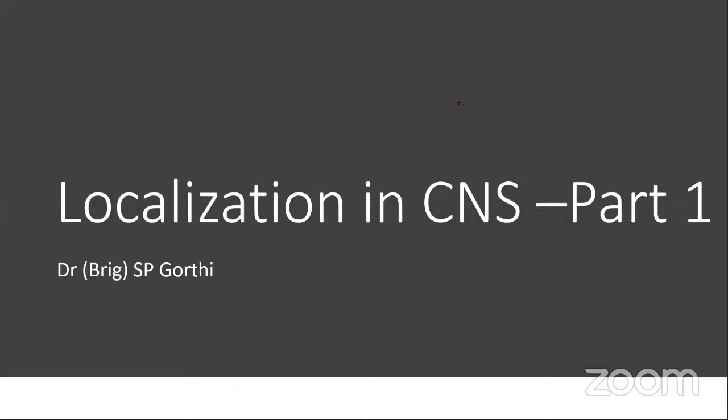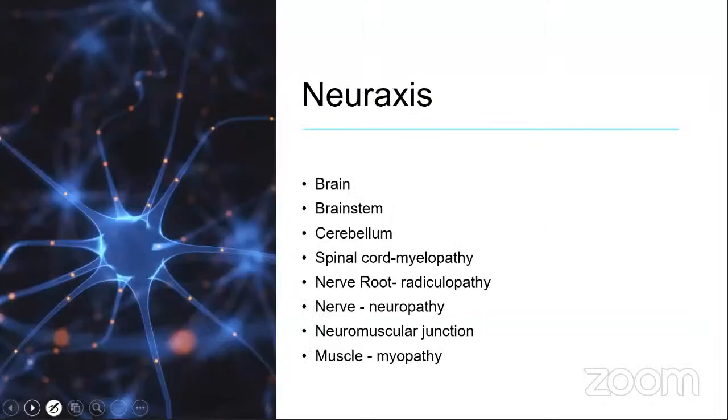Okay, good afternoon, students. Today we'll be talking about localization in the central nervous system. As you know, the neuraxis consists of the brain, brainstem, cerebellum, the spinal cord, the nerve root, the nerve, the neuromuscular junction, and the muscle.